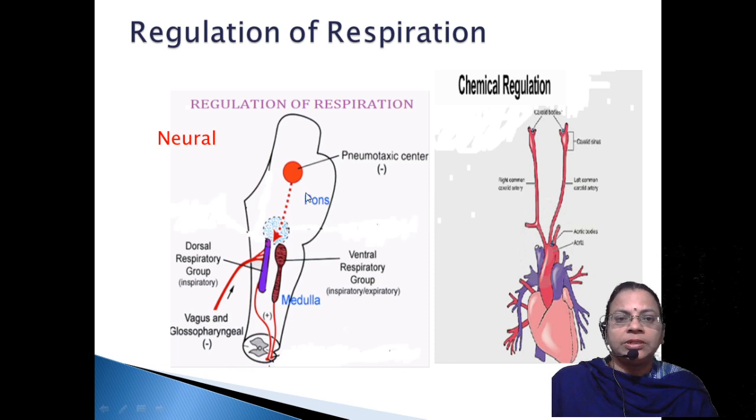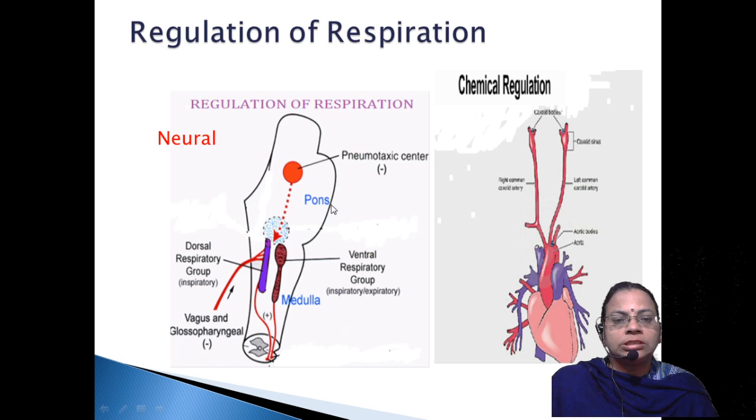It will increase the breathing rate, that means very fast breathing. Normally a person breathes 12 to 16 times in a minute, but it can control this whenever the requirement of oxygen is high. At that time, this center will take action and give instructions to increase the breathing rate and at the same time decrease the depth of breathing. In such a way, fast respiration and very fast ventilation of the lungs will be enhanced.